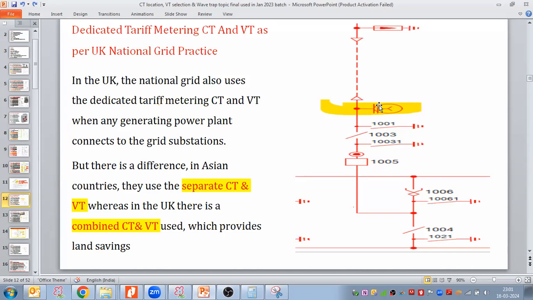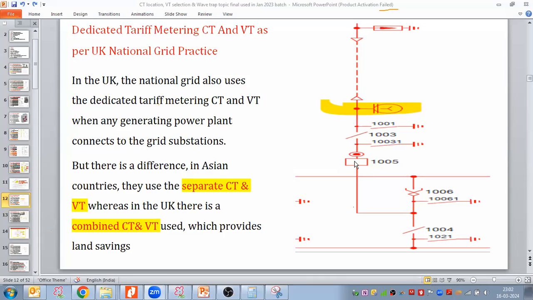Even 400 kV you can use. Because if you use the combined CTPT, the size will increase and the clearance also must be taken into consideration. That's why I'm curious. Do they use it only at low voltage, or even at high voltage? High voltage they are using.